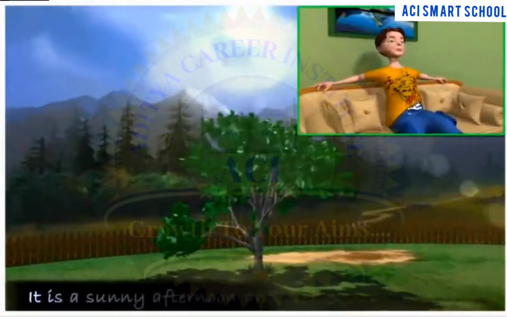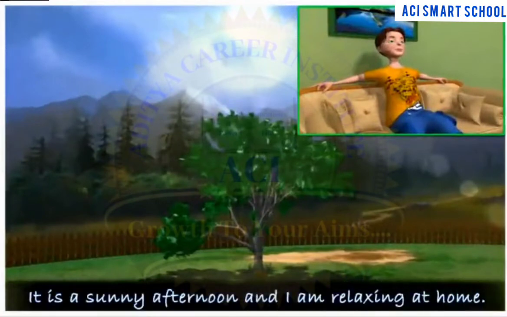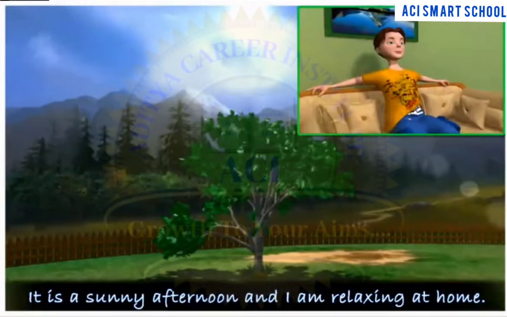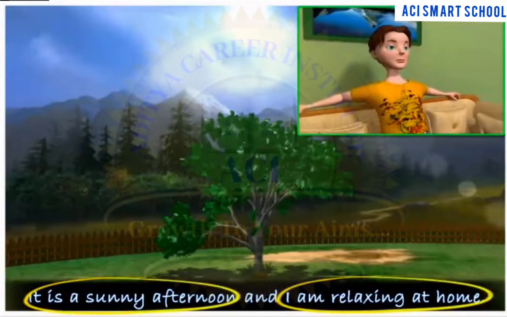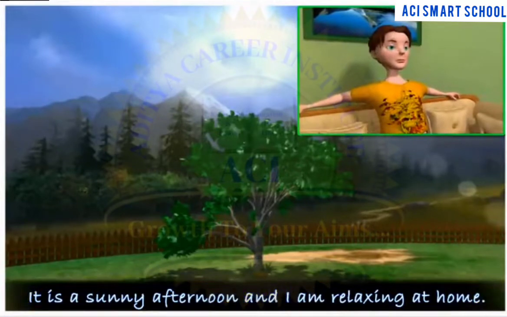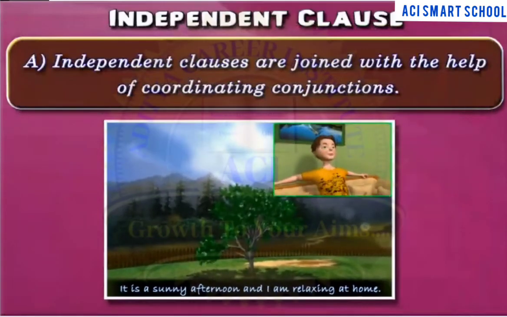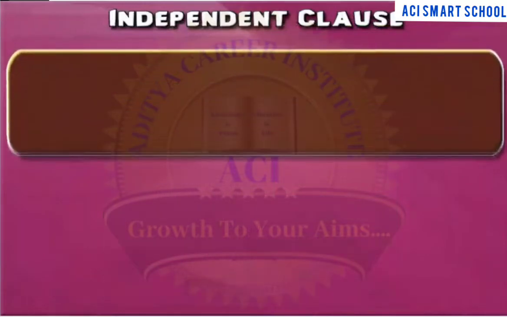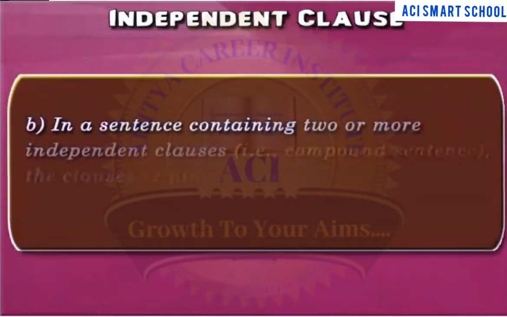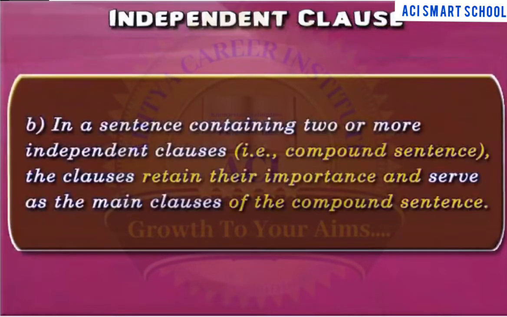It is a sunny afternoon and I am relaxing at home. Here, two independent clauses are joined with the help of the coordinating conjunction and. B. In a sentence containing two or more independent clauses, that is, a compound sentence, the clauses retain their importance and serve as the main clauses of the compound sentence.